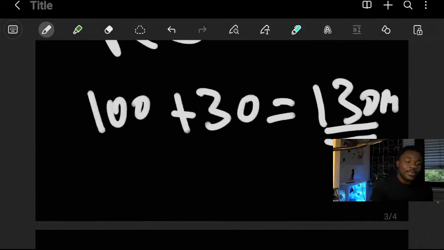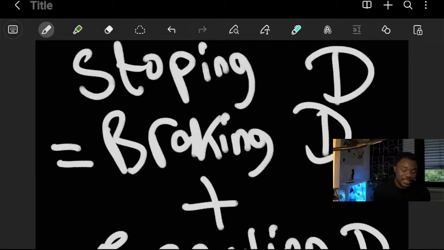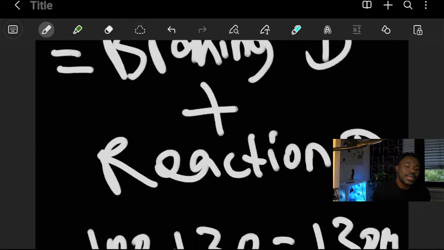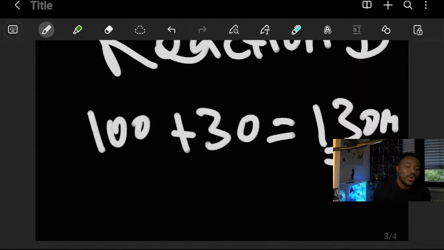The 100 is the braking distance, the 30 is the reaction distance. Adding them two together gives us 130. The reason I'm explaining this is so you don't ask me, how did you get the 100? How did you get the 30? The 100 is the braking distance, the 30 is the reaction distance, and we are looking for stopping distance. So stopping distance is equal to the braking distance plus the reaction distance. And that's how we got our correct answer.